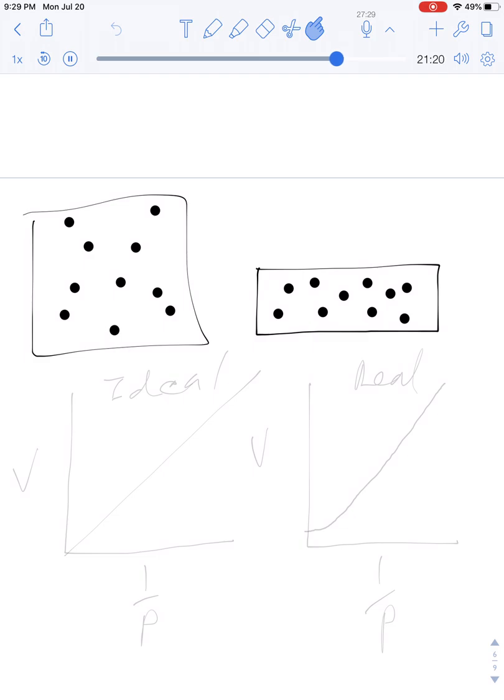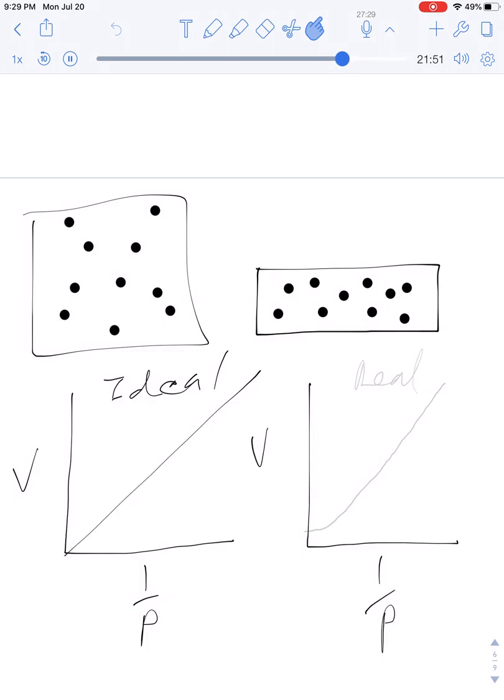So, when we look at the ideal gas equation, if we were to graph it as ideal, they go right through the origin.